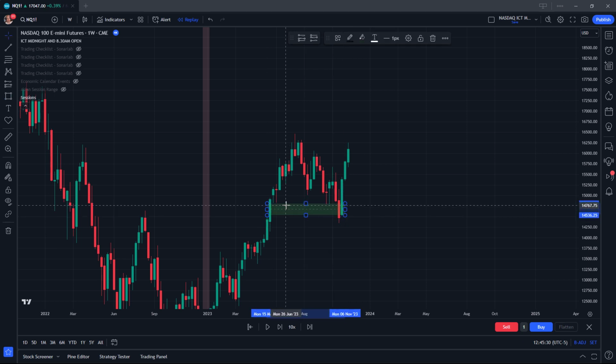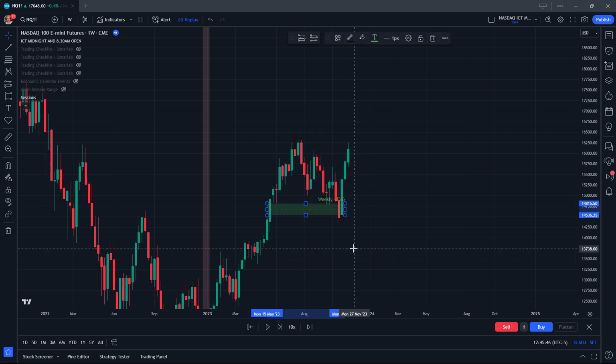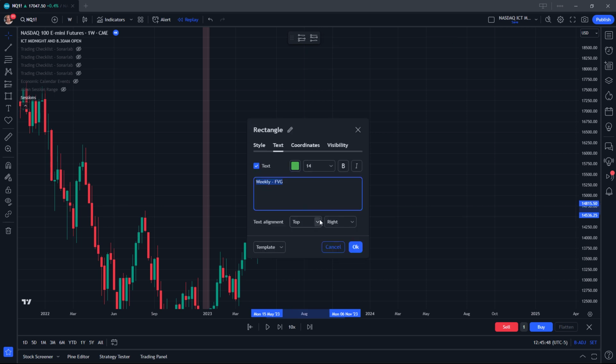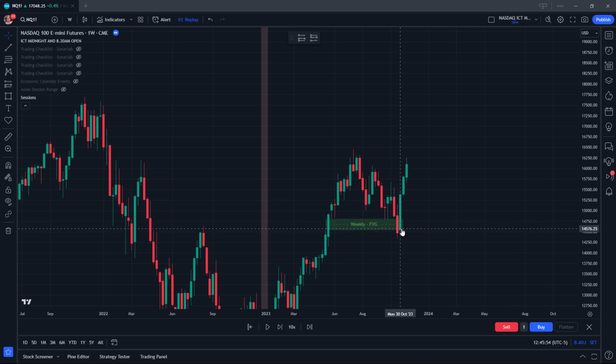We could start with a weekly fair value gap here. And we'll put this like that. Okay, so we know price is delivering from here.